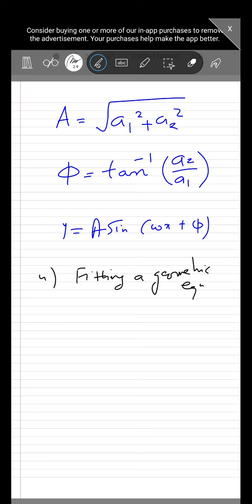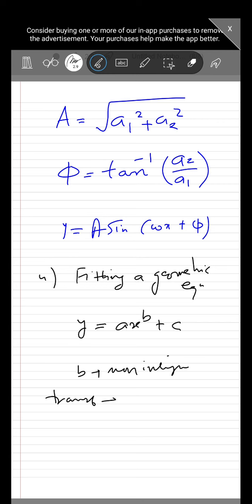Now suppose there is a curve given as y is equal to a x to the power b plus c, and this b is a non-integer. So as in the previous case, we need to find out a transformation which will do the linearization.